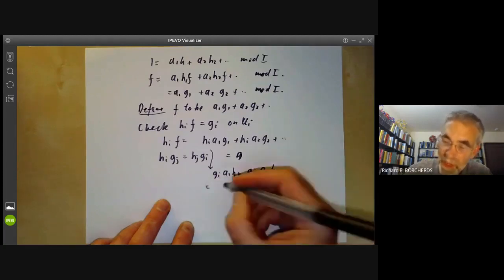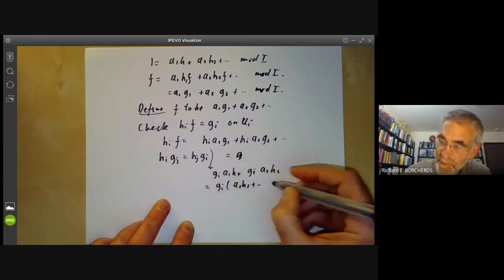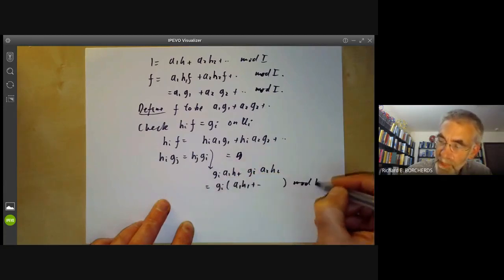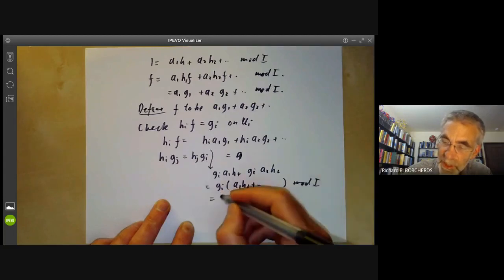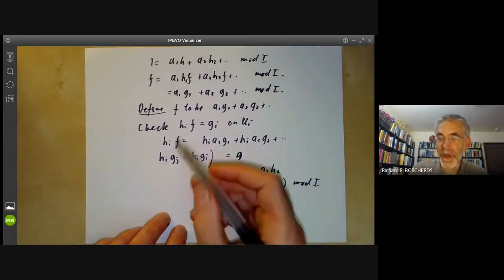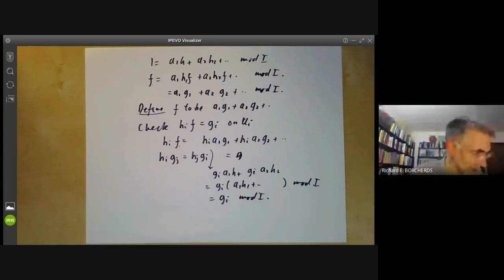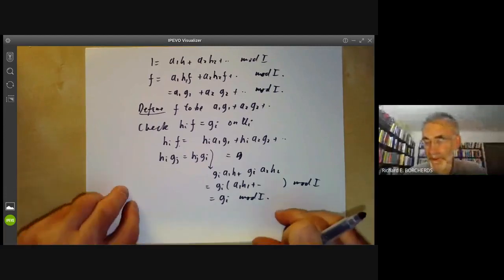And this is equal to gi times (a1 h1 and so on) mod I, which is equal to gi mod I, which is what we wanted to prove. So now we've shown that hi times F is equal to gi mod I. So the local condition of regularity is the same as the global condition of regularity.